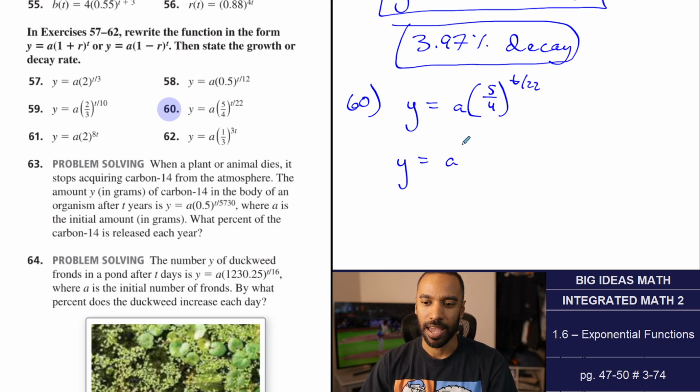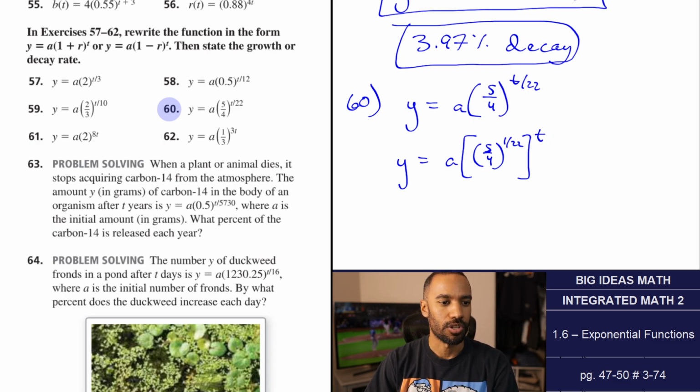So we're going to have A times 5/4 to the 1 over 22 power, all raised to the t power. So let's do that. 5/4 in parentheses raised to the 1 over 22 power. That gives me 1.01019. So I'll say 1.0102.